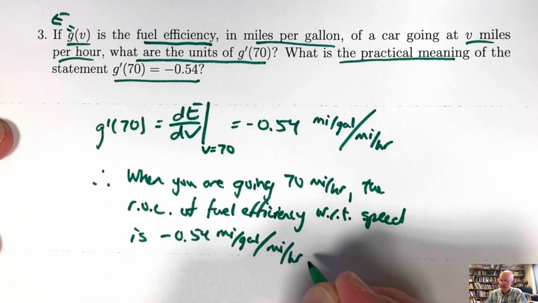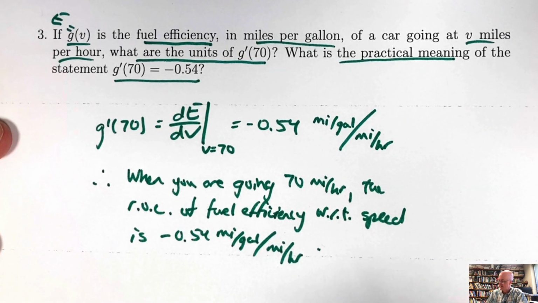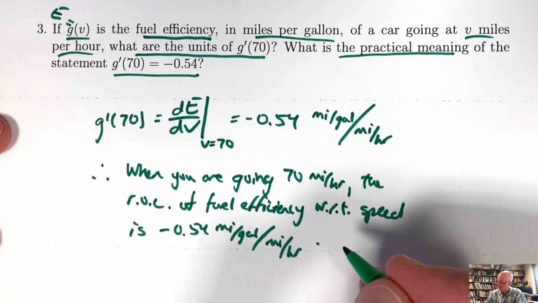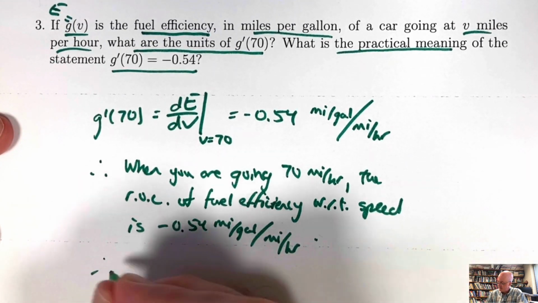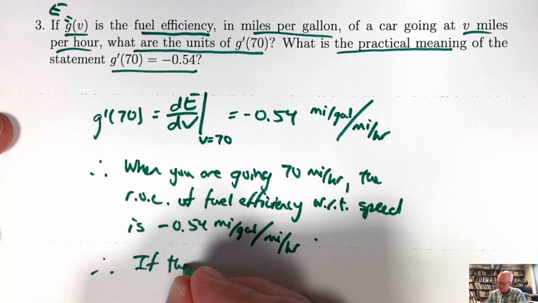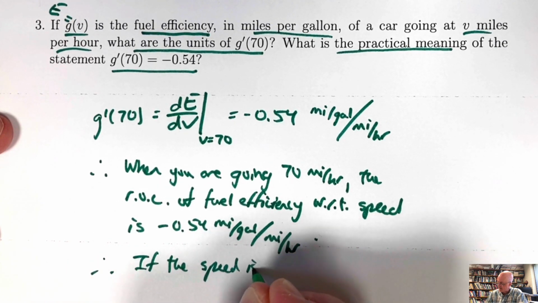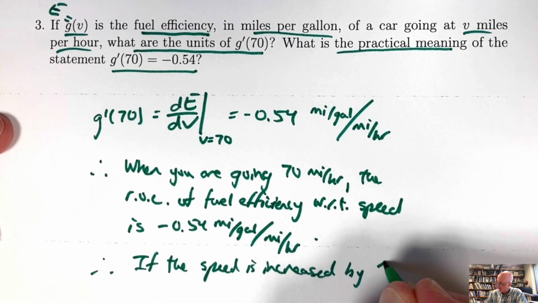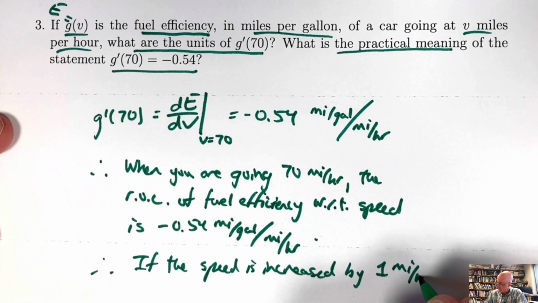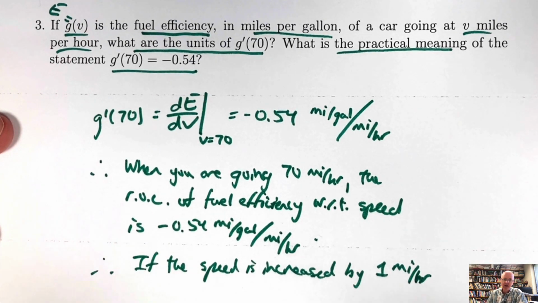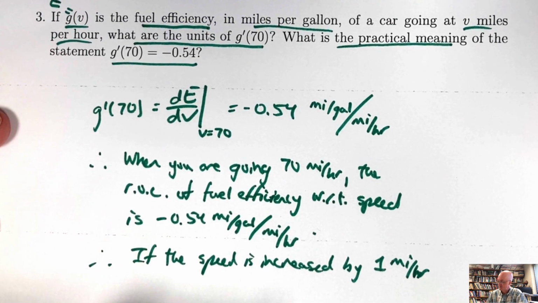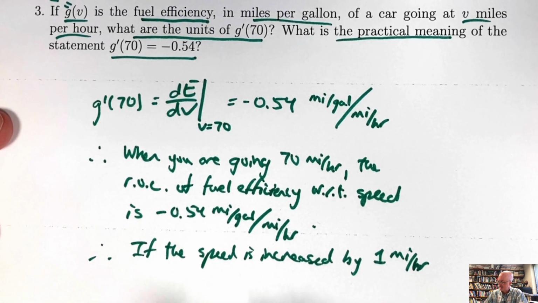Now, we're not asked for any linear approximations here, but I think it's a good idea to expand on the meaning of the rate of change by giving effectively a linear approximation. Therefore, if the speed is increased by 1 mile per hour, say, from 70 miles per hour to 71 miles per hour, you had the cruise control set at 70 for a while, you decided to up it by 1 mile per hour to 71 miles per hour, and now you are cruising at that speed.